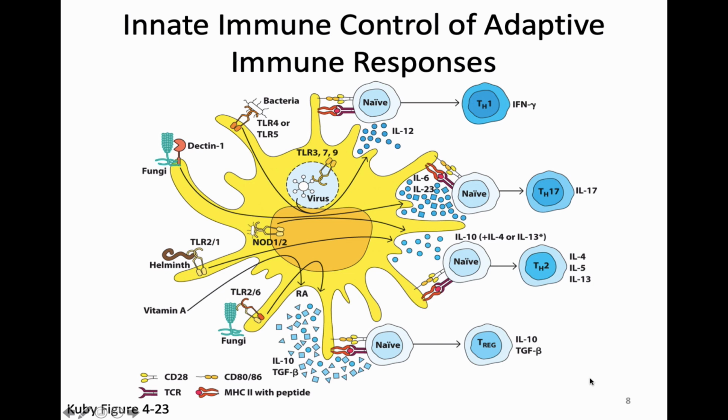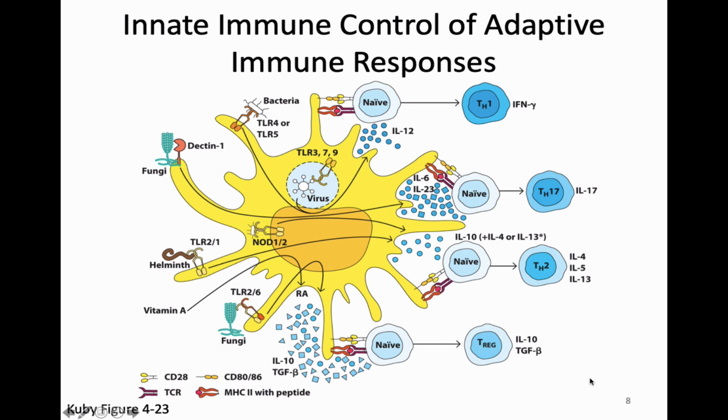And for example, bacteria might lead to one type of signaling through one type of toll-like receptor or other PRR. That might lead to one type of cytokine, and that cytokine could induce a naive CD4 T cell to become a type of helper T cell that's really good at combating bacteria. So this all ends up being linked together.